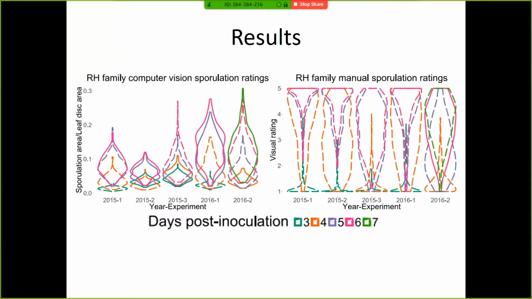So here are all the other distributions. And you could see that the trend is similar across experiments where it's relatively normally distributed in the computer vision ratings, but very skewed in the manual sporulation ratings.